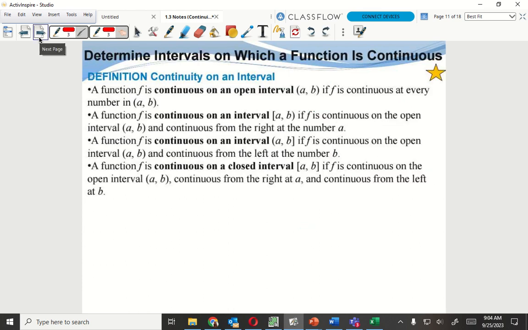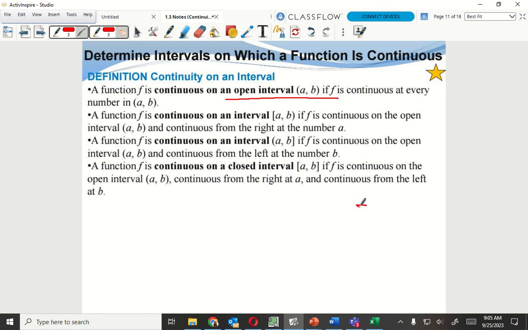All right. A function is continuous on an open interval. This is important right here. Open interval means I have parentheses on left and right. What do parentheses mean? Not equal to. Bracket is equal to.